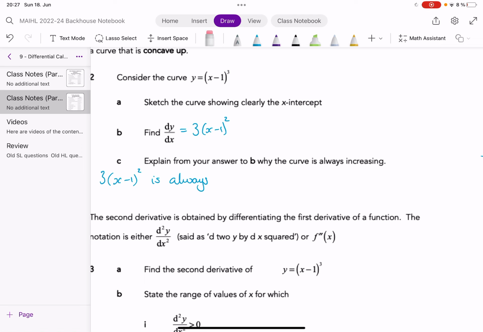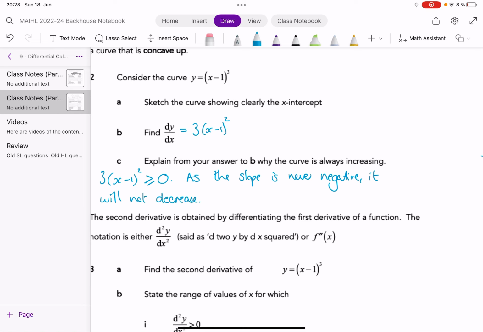So let's rewrite this then. We can say it's greater than or equal to 0, as the slope is never negative, it will not decrease.